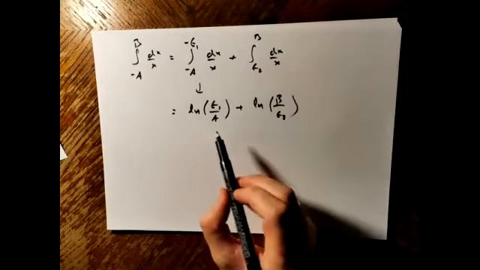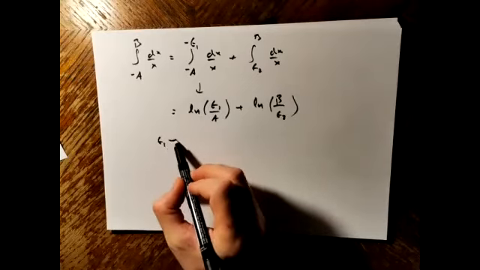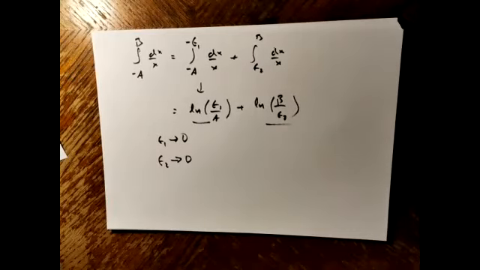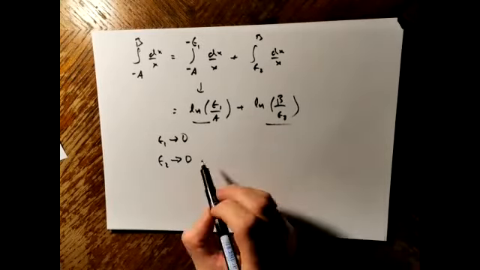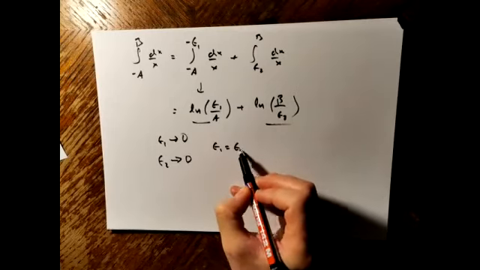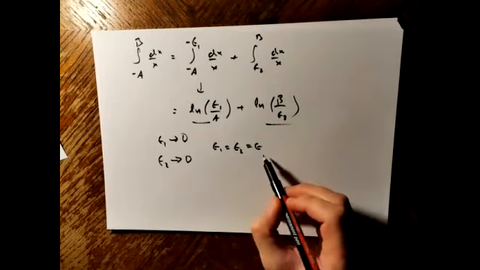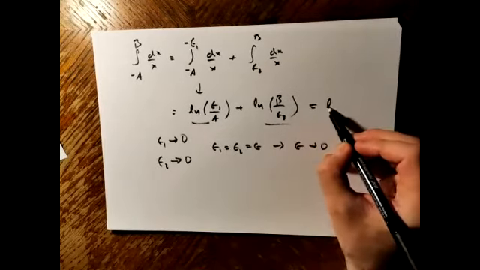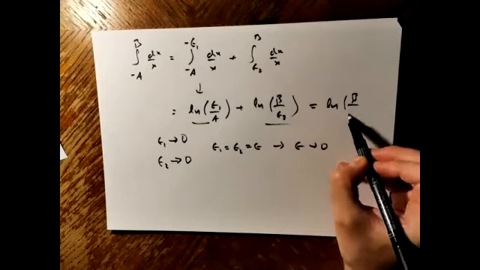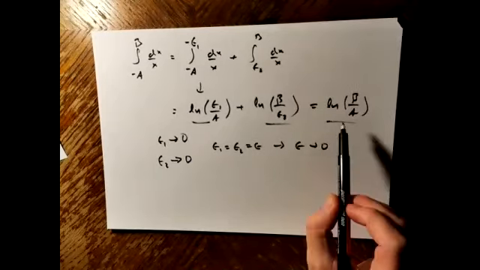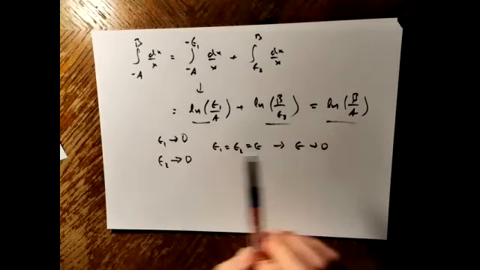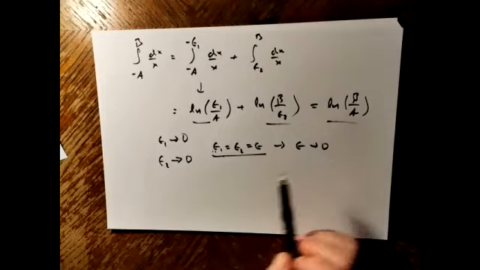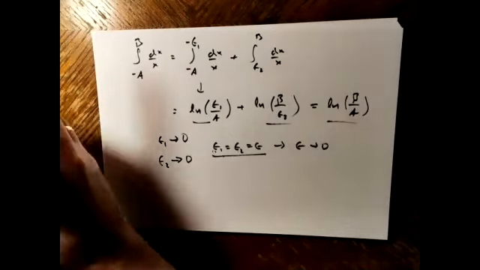But if I take epsilon 1 to 0 and epsilon 2 to 0, these terms diverge. However, if I take epsilon 1 equal to epsilon 2, call it epsilon, and then take epsilon to 0, I just get ln b over a. That's what this integral converges to, provided that I choose epsilon 1 equal to epsilon 2.